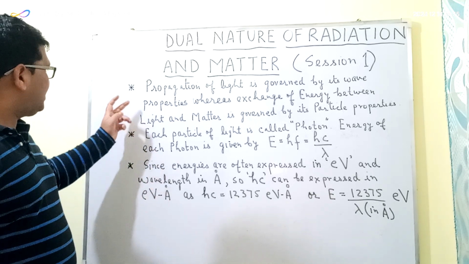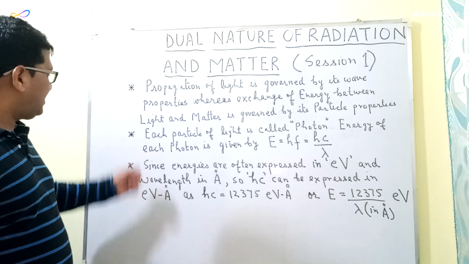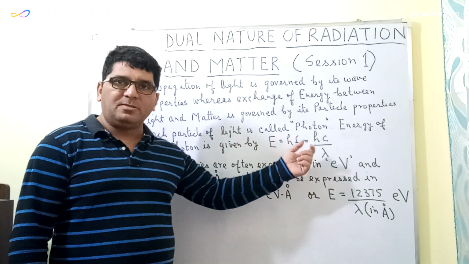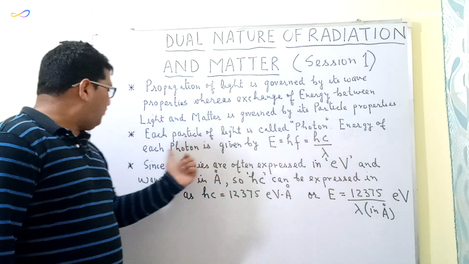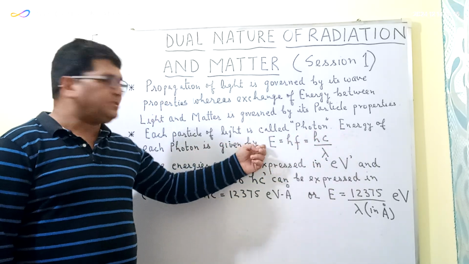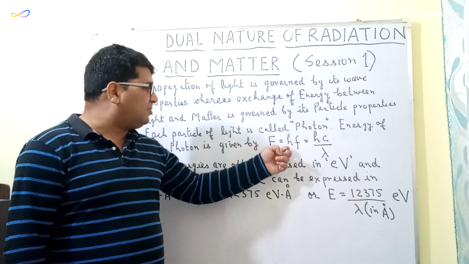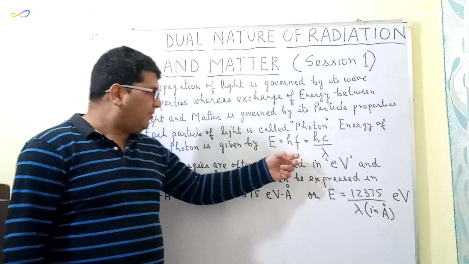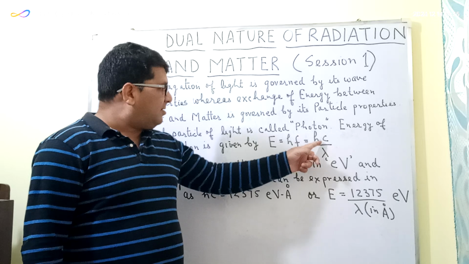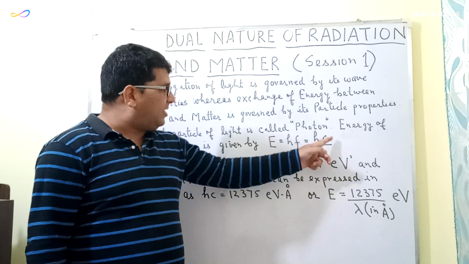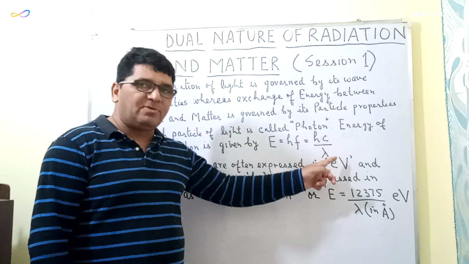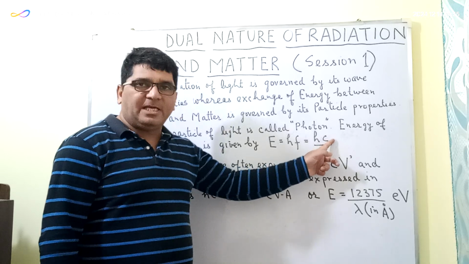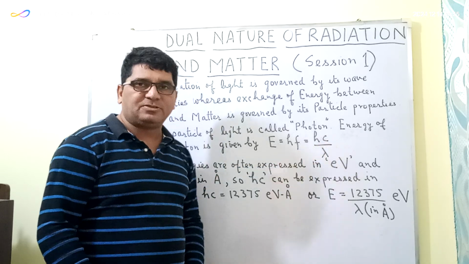With reference to point number 1, I have written the second point: each particle of light is called a photon, and the energy of each photon is given by this Einstein equation, E is equal to h into f, where f is the frequency of the light wave, which is equal to hc upon lambda, where lambda is the wavelength of the light wave, c is the velocity of light in vacuum, and h is Planck's constant.